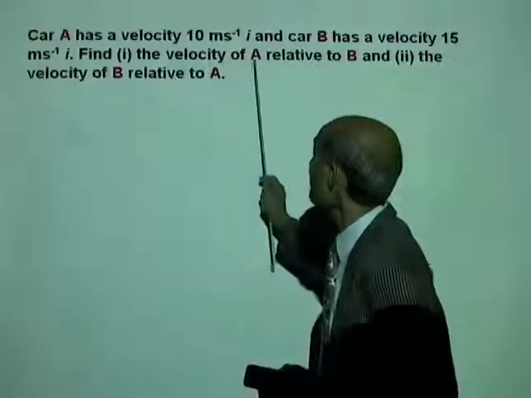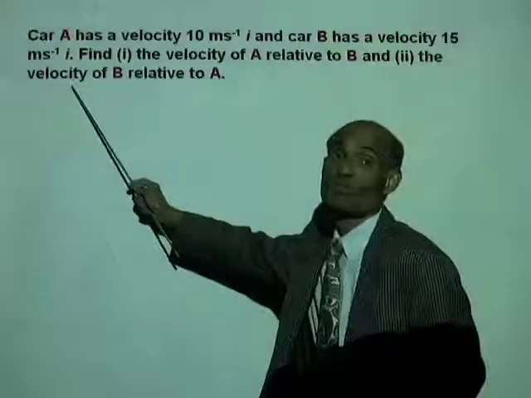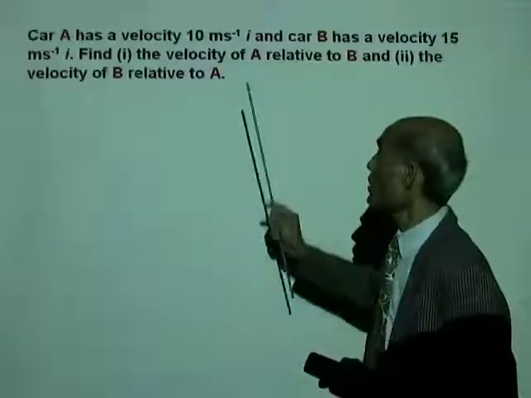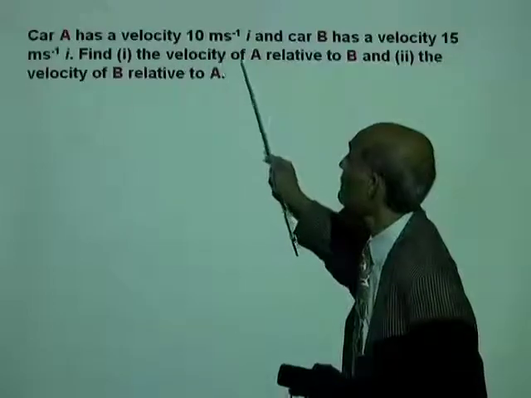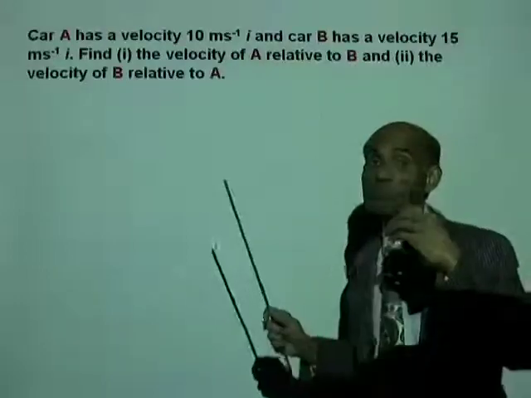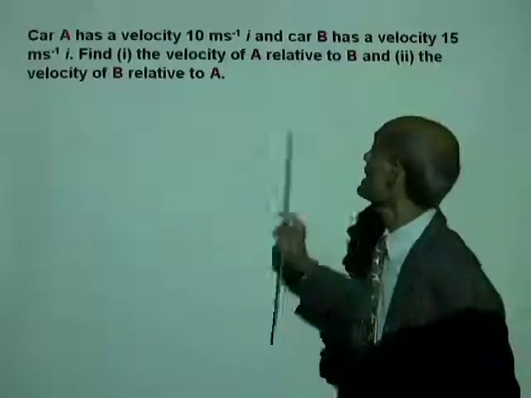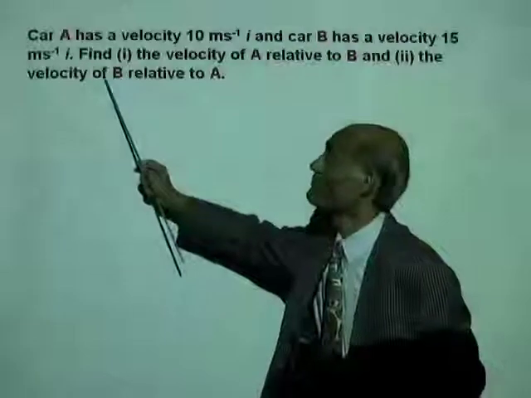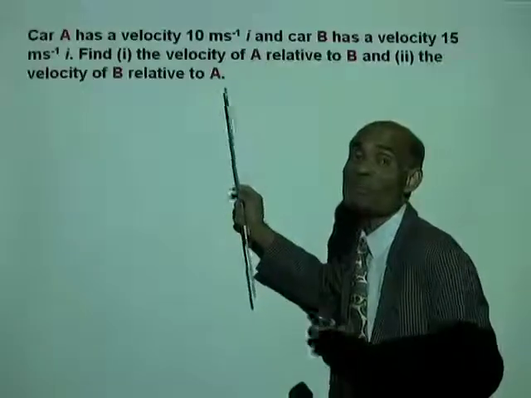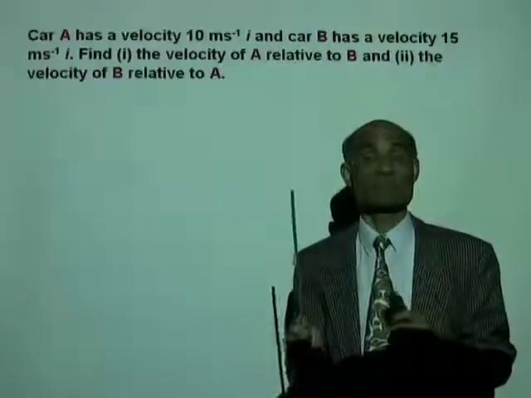Find 1, the velocity of A relative to B, and 2, the velocity of B relative to A. So in the first case, we need to find the velocity of A relative to B. Means B is the reference frame. You need to bring B to rest. In case 2, the velocity of B relative to A means A is the reference frame. You need to bring A to rest.